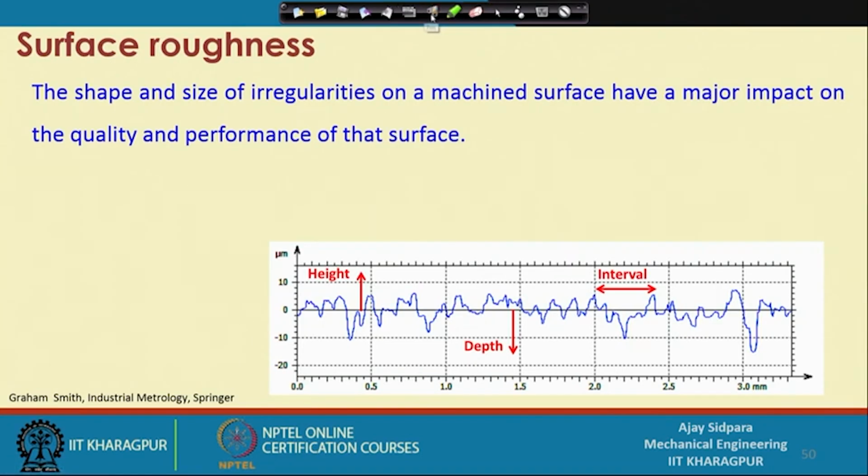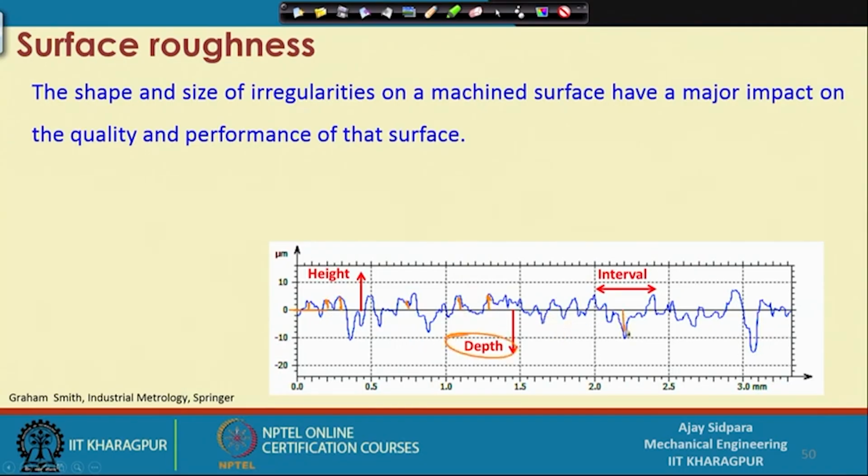What we are looking at in this part is 2 or 3 different things. One thing is the height. These are the roughness and this is the zero line. That is called the mean line, correct, and some part is above the mean line, some part is below the mean line. So, what is the height of these peaks from the mean line? That is also called the center line. Second thing is the depth.